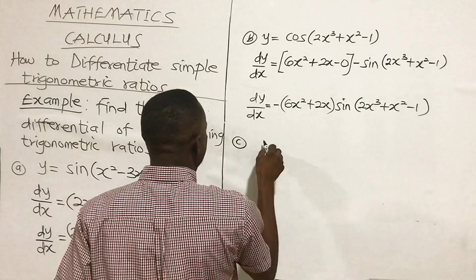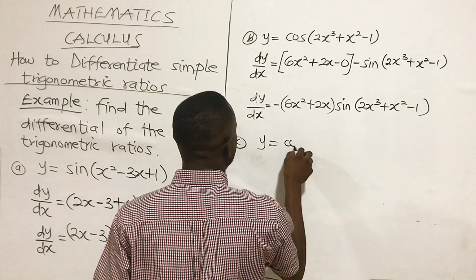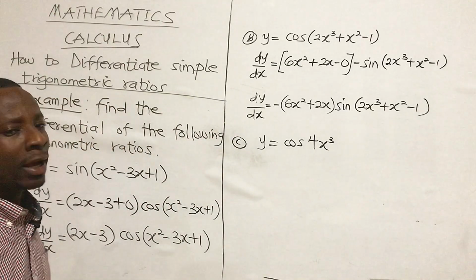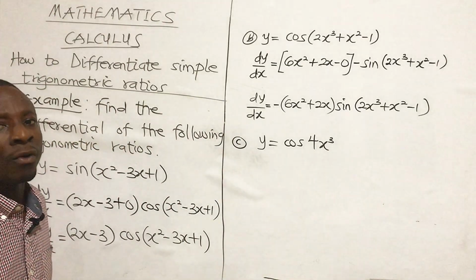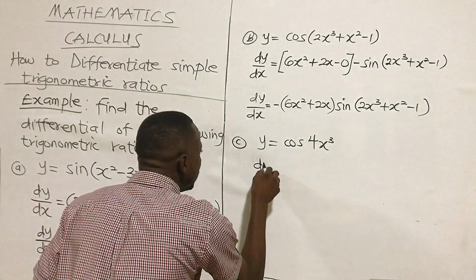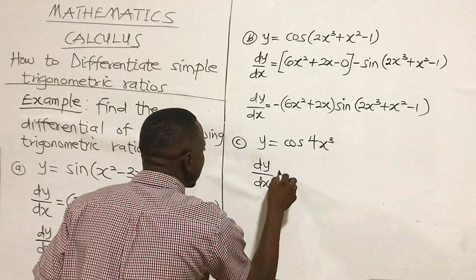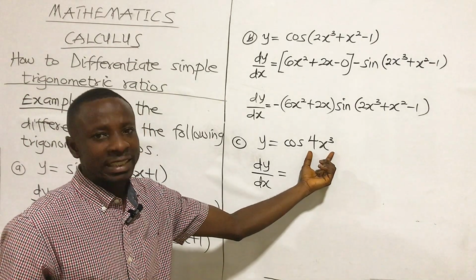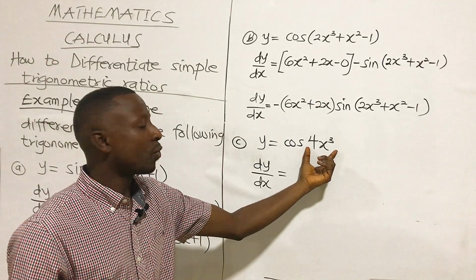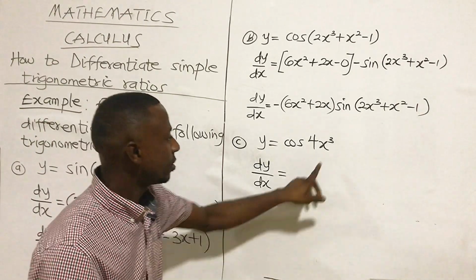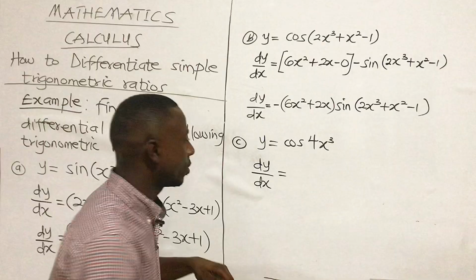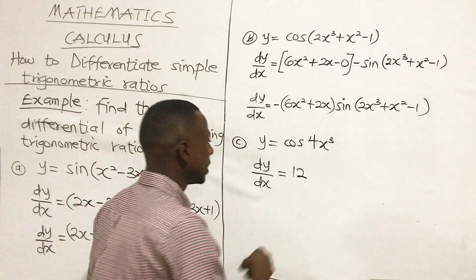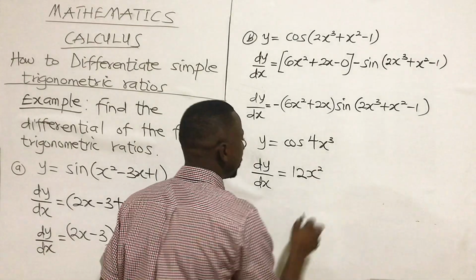We have y is equal to cos 4x cubed. Dy over dx is equal to, so we are going to differentiate this first, which is the function. And when you differentiate 4x cubed, 3 times 4, we have 12. Then I'll take 1 from the exponent, giving us x squared.